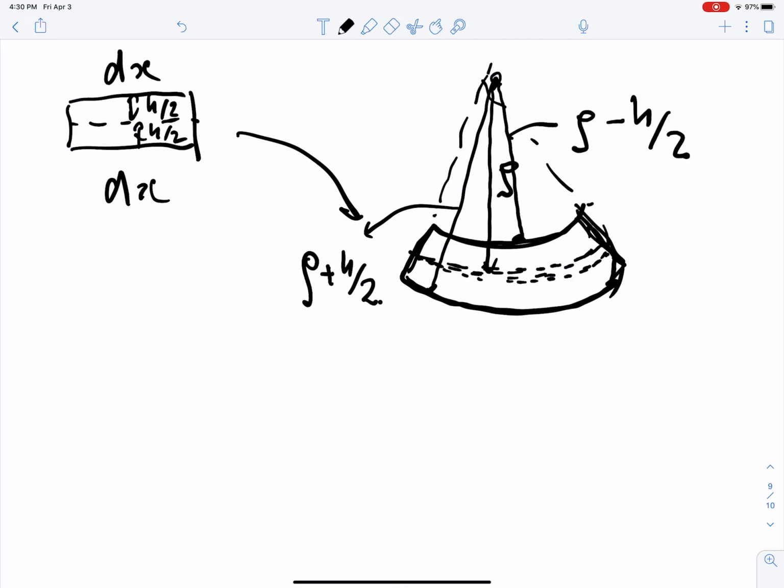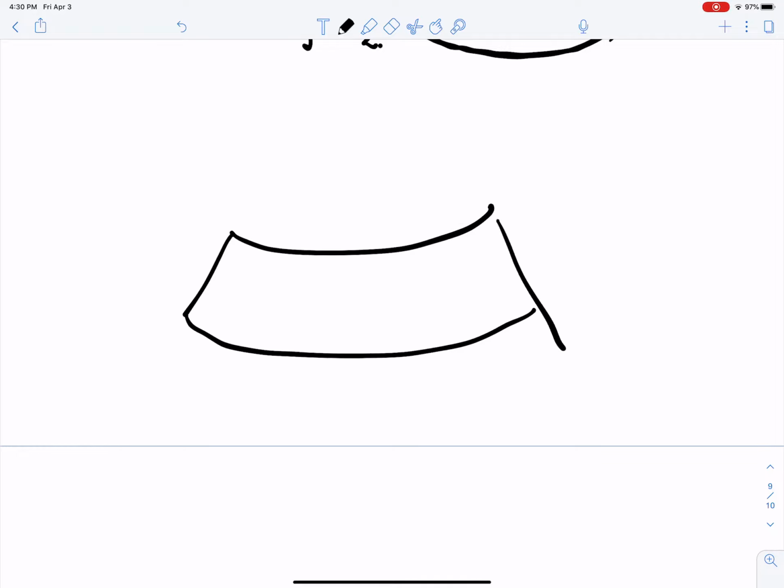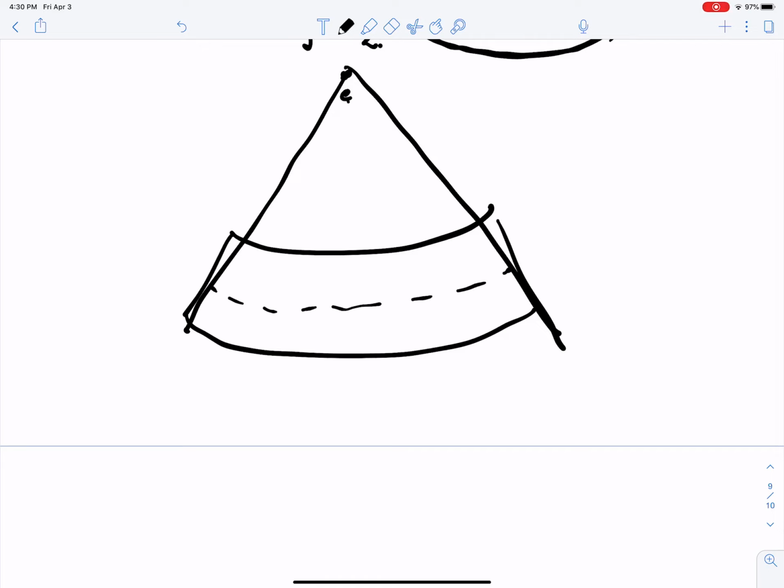So let me draw the picture a bit more clearly. I have this piece, h over 2, and this becomes d theta, the change in angle.